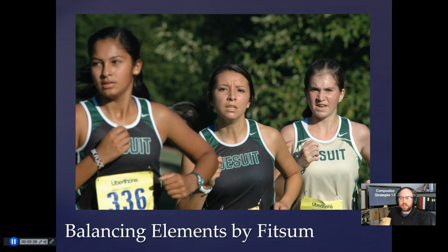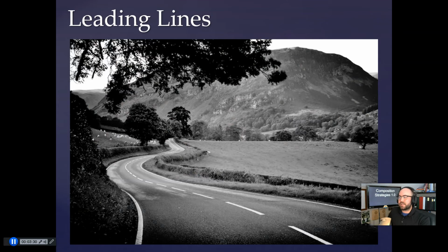The next composition strategy is a classic as well, and that's leading lines. What you can see here in this leading lines image is the line, which is both the road, the side paint, and the dividing line, that leads us into the image and draws us back into whatever might be back here.